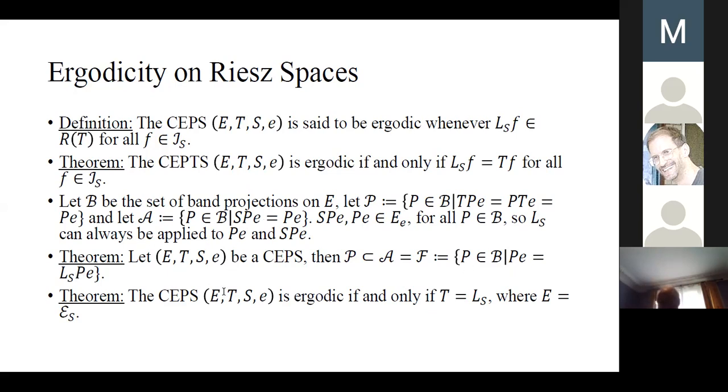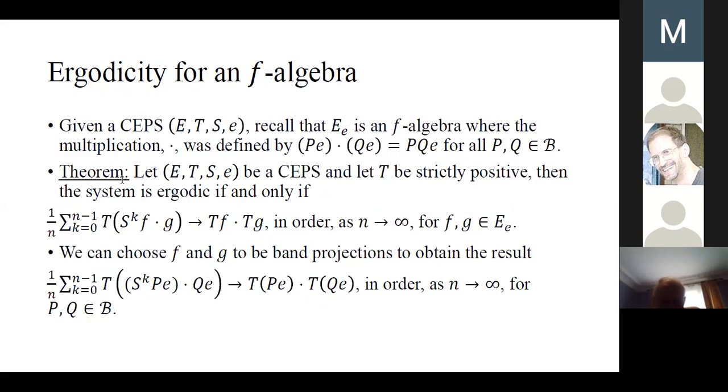So it's a bit of a characterization theorem here, but we then get the result that the CAPS ETSE is ergodic if and only if T is equal to LS when we have the Riesz space E equal to calligraphic ES.